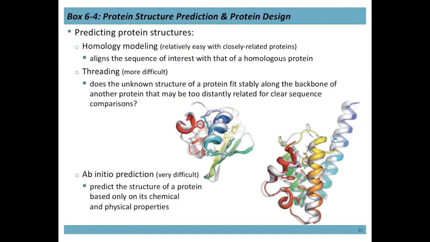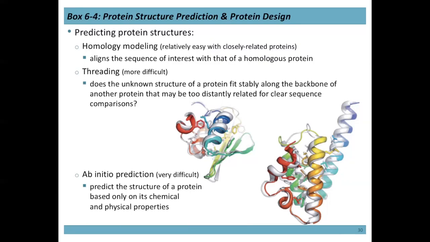Okay, so there's a box there that talks about predicting protein structure and actually designing proteins. This lecture is going a little bit long, so I'm going to let you read that. But if we have a sequence of amino acids, can we predict the structure of those amino acids? Like I said, you can write my name in amino acids, McKay Stephenson, and I don't think that protein exists.